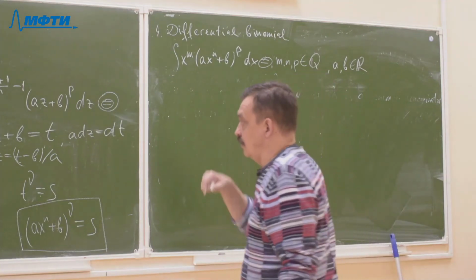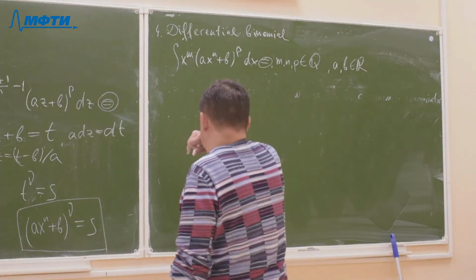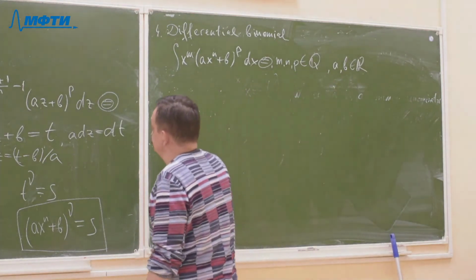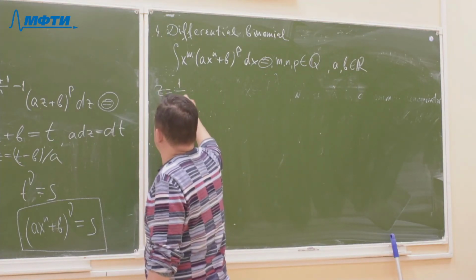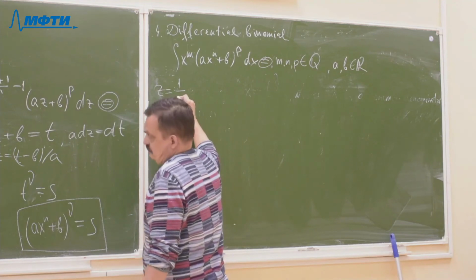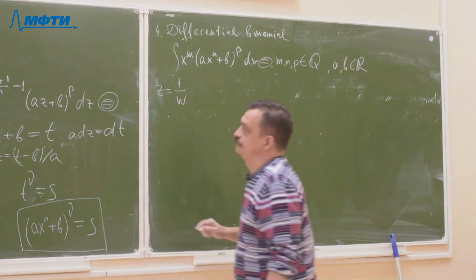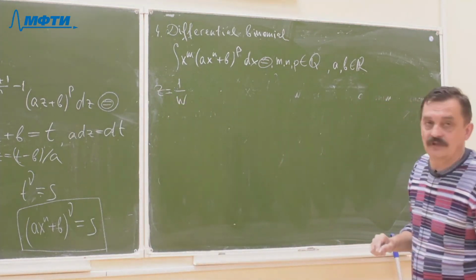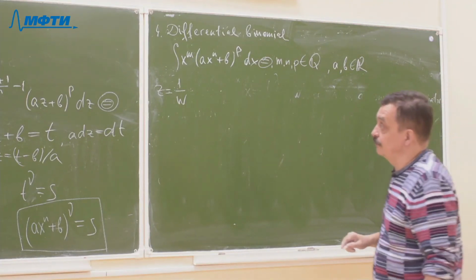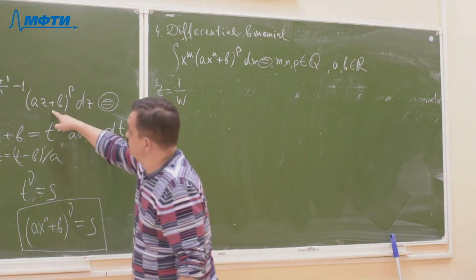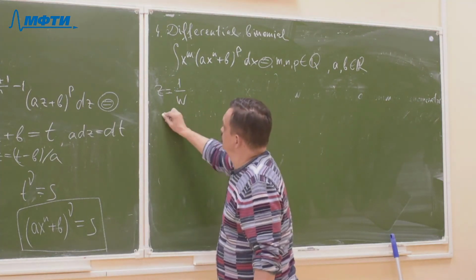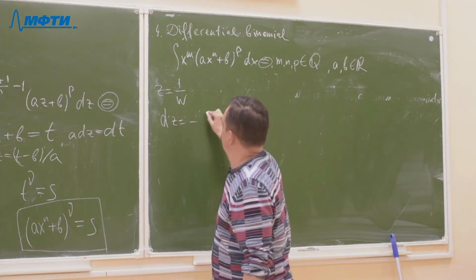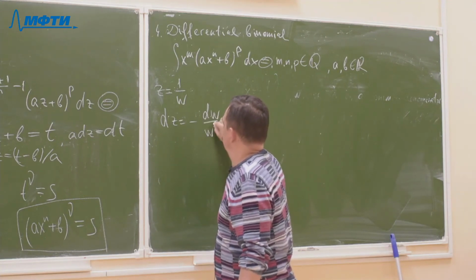Right? So let's replace z equals 1 over w. Make such a substitution. Then what happens? Once again, dz is minus dw over w squared.